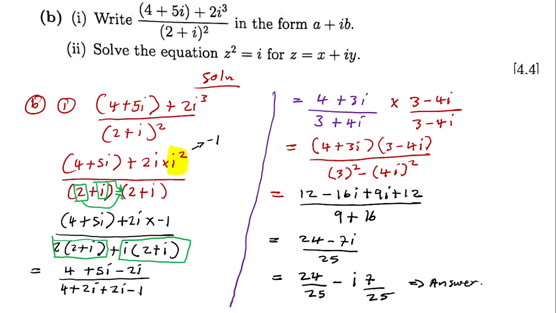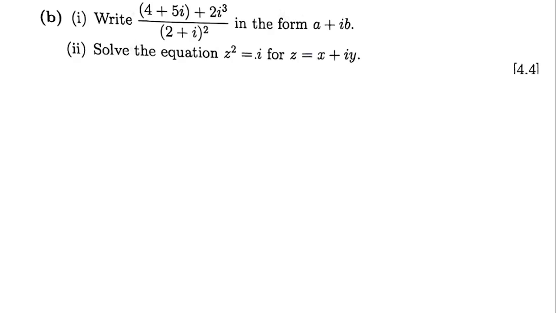So the next part, I'll say solution. So you have been given z to be equal to x plus iy. So this is a very easy question, and you have been asked to find z squared is equal to i. So what you need here is just to replace where there is z, you're going to put the x plus iy.